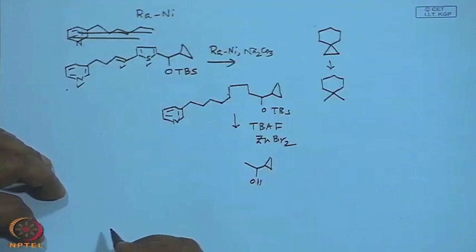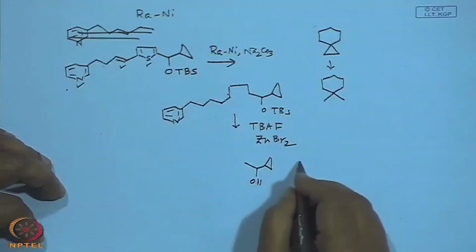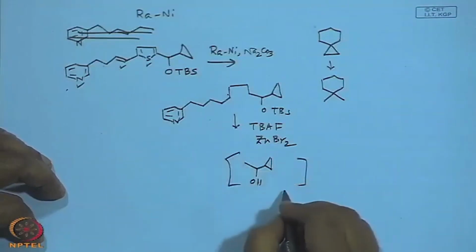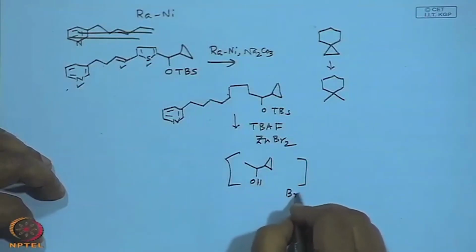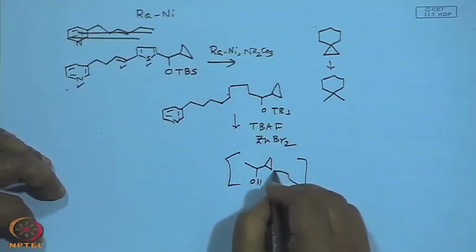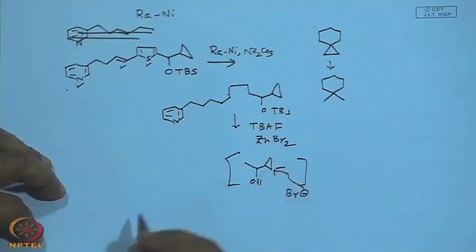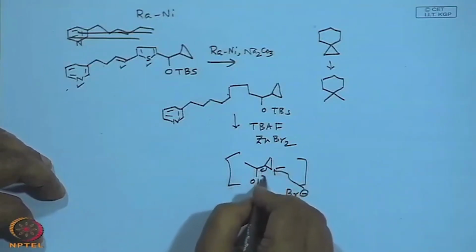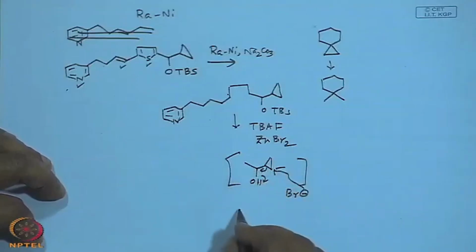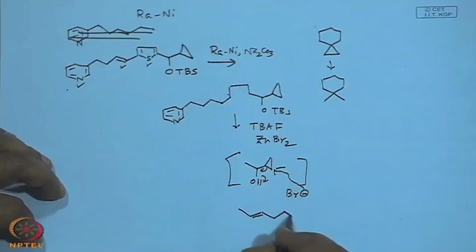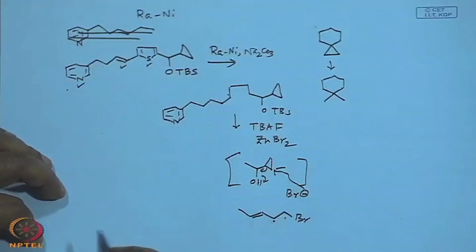What next? Actually, homoallylic bromide is produced. Zinc bromide attacks the cyclopropane and this maybe comes out. So, what will you get? You will get this. This is allylic, this is homoallylic.